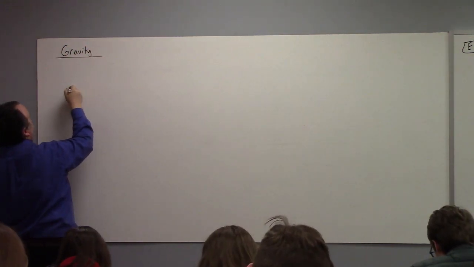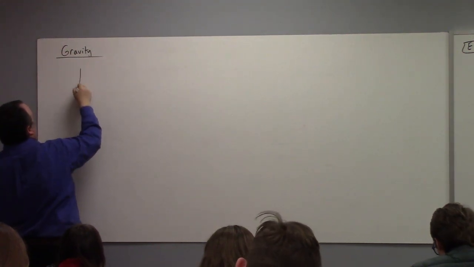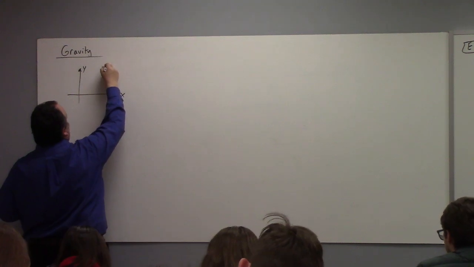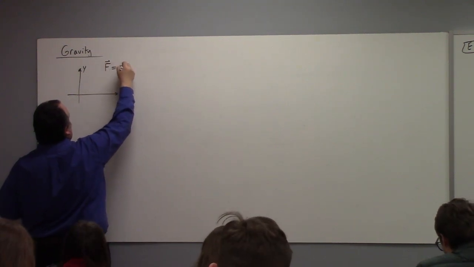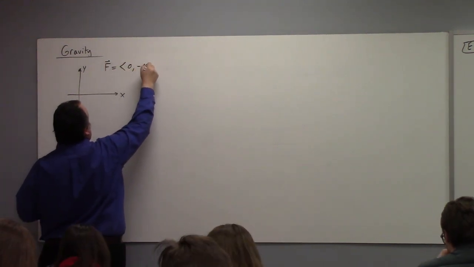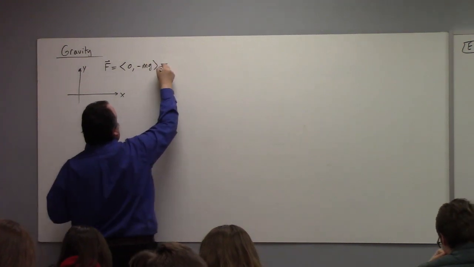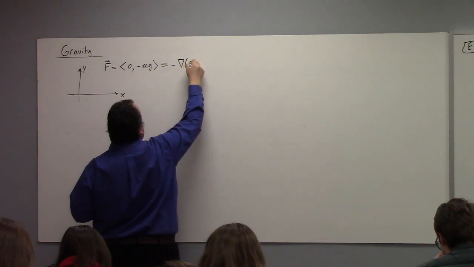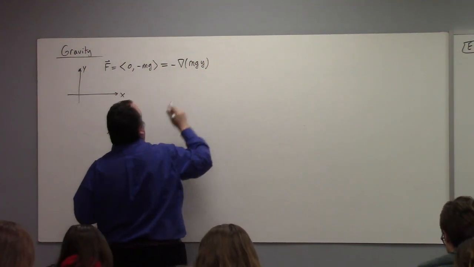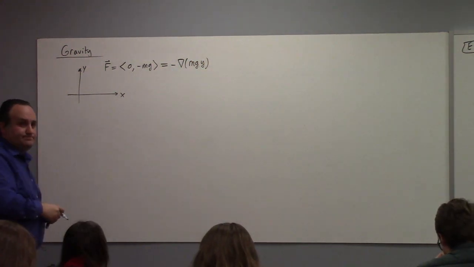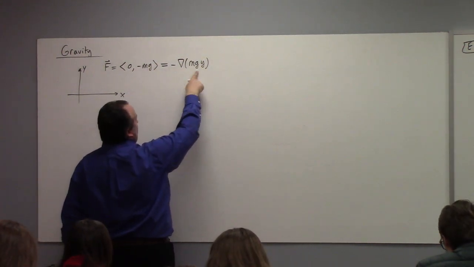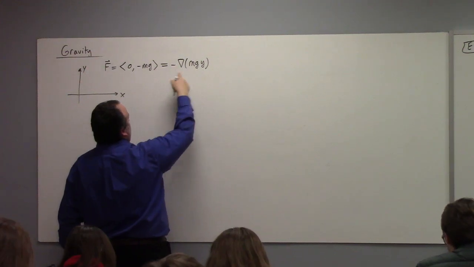So if this is y and this is x, right? And the force of gravity is like 0, minus mg. Well, it should be relatively clear that that's minus the gradient of mgy. Because in 2 dimensions, if I take the gradient of this and mg is a constant, I get that.